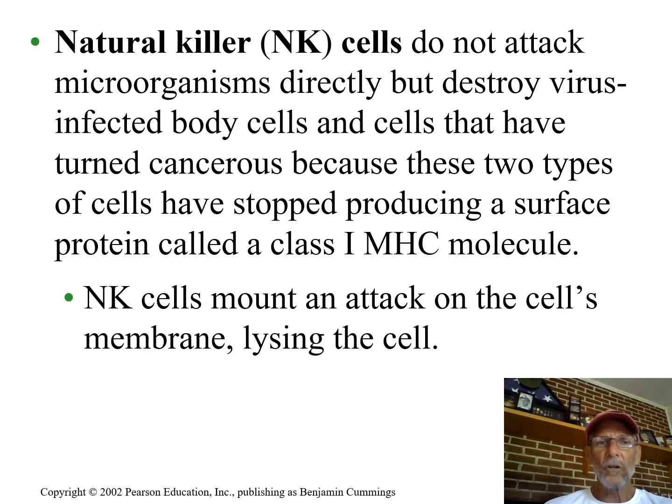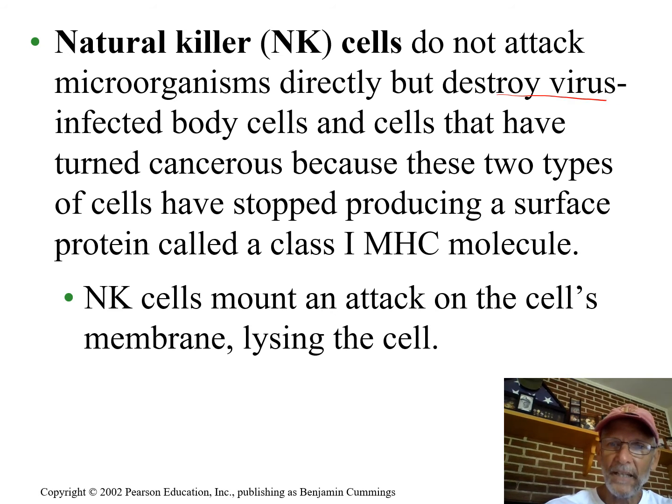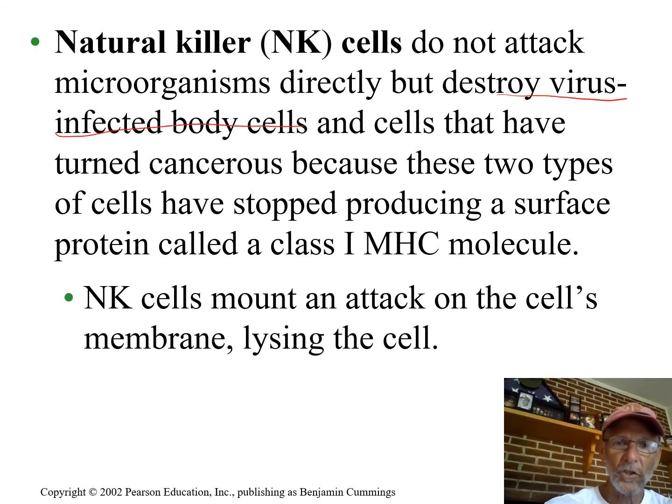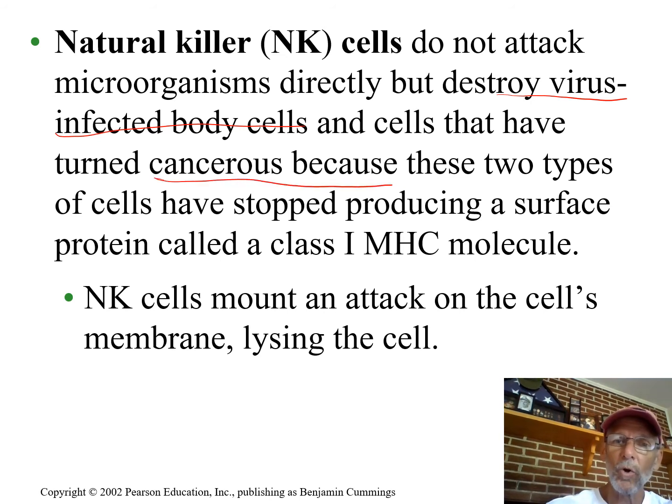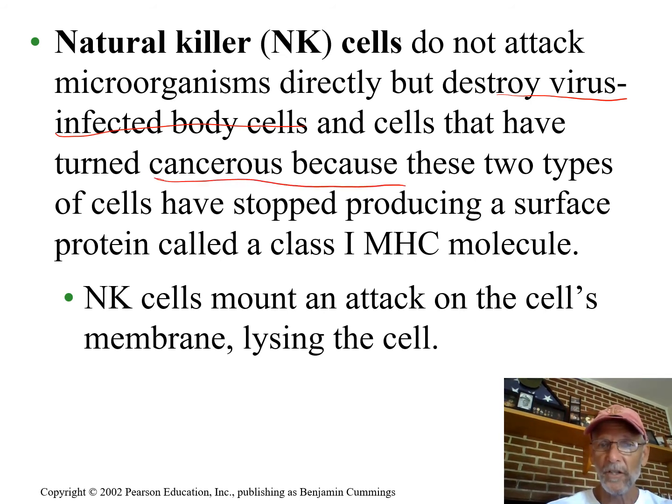There's a kind of white blood cell called natural killer cells that sounds like they kill the bad guy, but they don't. They kill your own cells that have become infected by viruses. What's the good part of that? That cell doesn't make any more viruses, because remember, that's what viruses do. They use your cells to make more of themselves. But also, they can kill your own cells that have become cancerous.